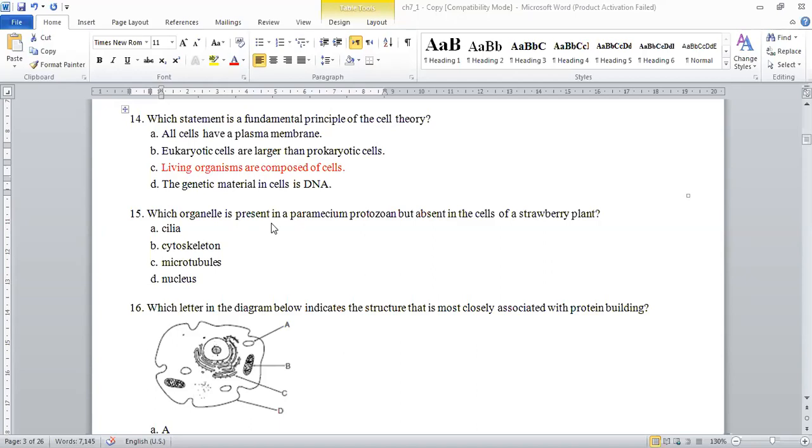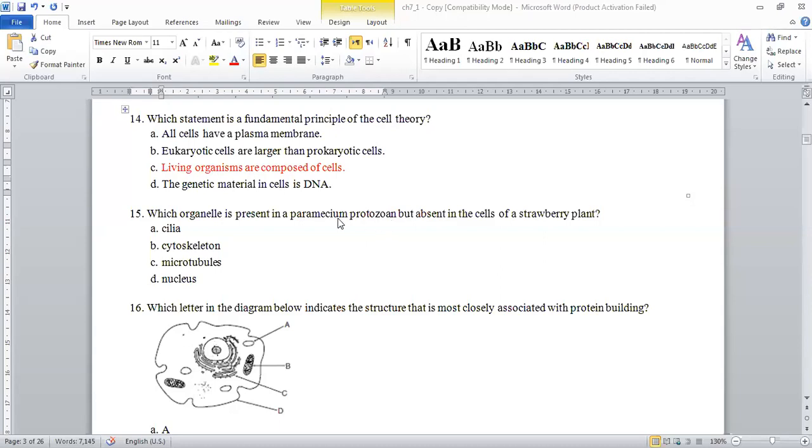Which organelle is present in Paramecium protozoa but absent in cells of strawberry plant? So what is Paramecium protozoa? The strawberry plant is a plant cell, but we said there are two organelles that a unicellular organism uses to move, cilia and flagella.